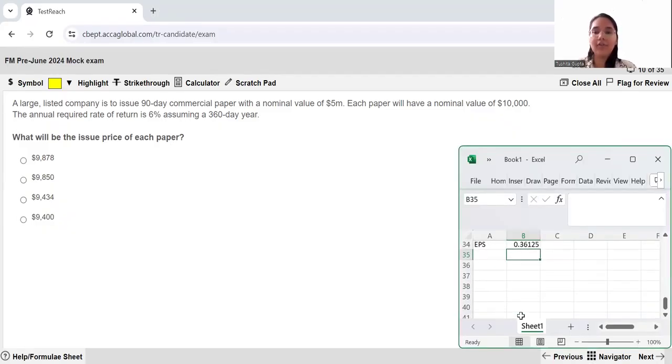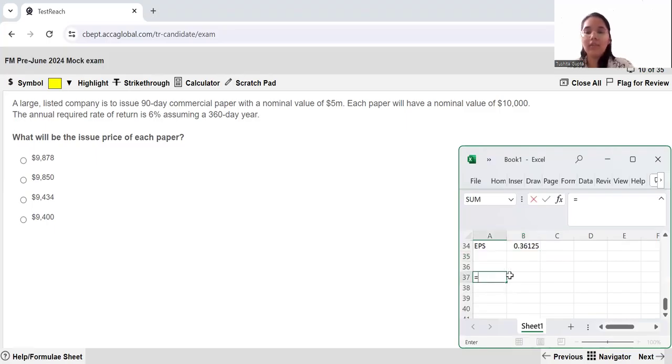It's nothing but we're going to take the nominal value, 10,000, multiply this by 1 upon your yield. So basically, the yield that you have is 1 plus 6%, which is your required rate of return, and this is for a 90-day period.